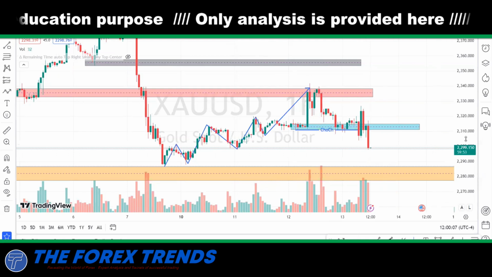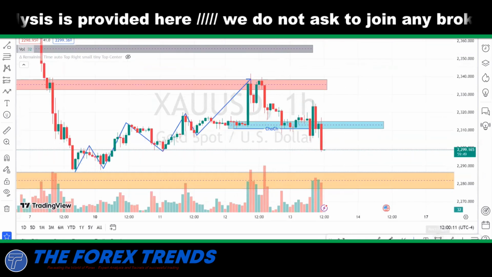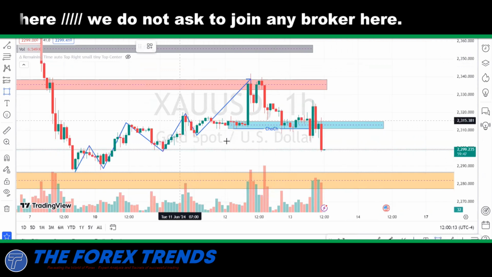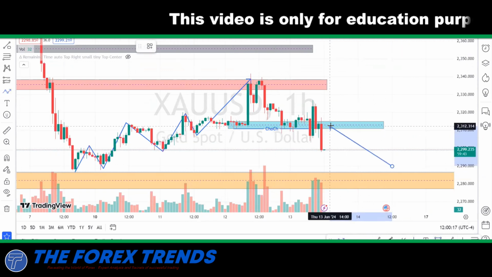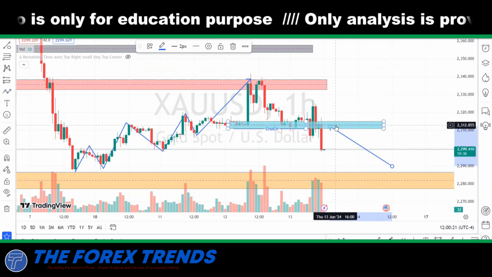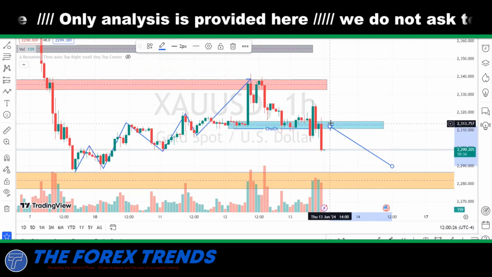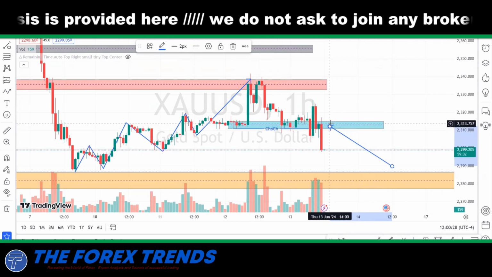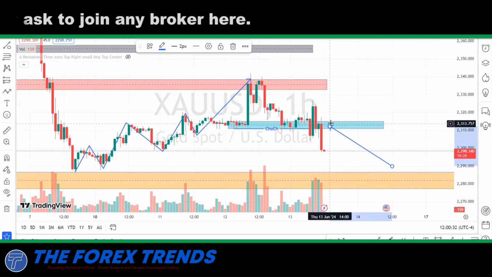Whenever the market creates a change of character, we have three positions to join the existing trend, and the first position to join the sell trend is here. In the 1-hour frame, if we get the price at this level, that is 2310 to 2312 level, we may initiate a sell tomorrow or tonight.